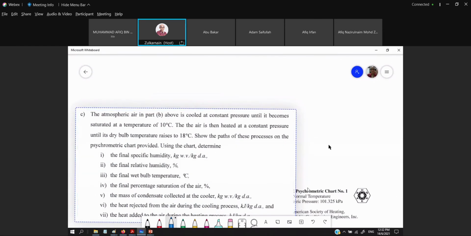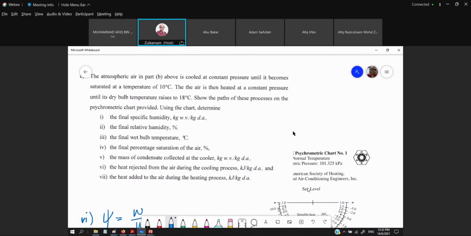All right. So this question, part C, is a continuation of part A. So we have part A, and now we have sketched it. The atmospheric air in part B is cooled at constant pressure until it becomes saturated at a temperature of 10 degrees C. We are going to cool it down at constant pressure until it becomes saturated at a temperature of 10.